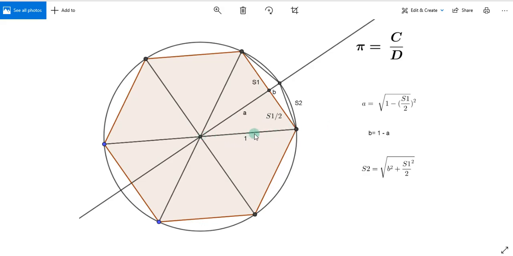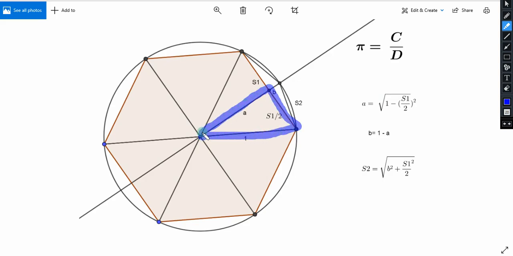So this triangle has this angle as 90, so we can use the Pythagoras theorem.